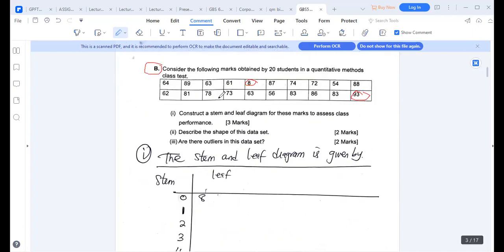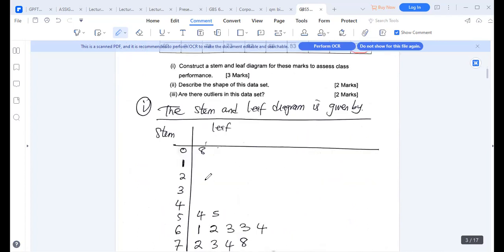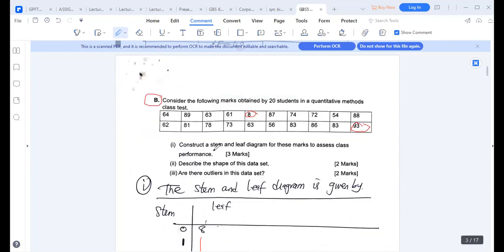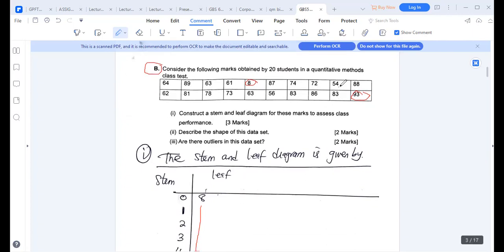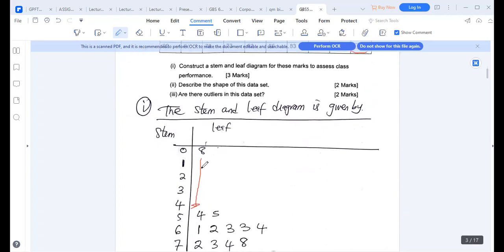We don't have numbers in the 10s, so there is nothing here. We don't have numbers in the 20s either, but we have just one in the 50s. So this row is empty, and there is nothing here on this one. This is what this one was all about.